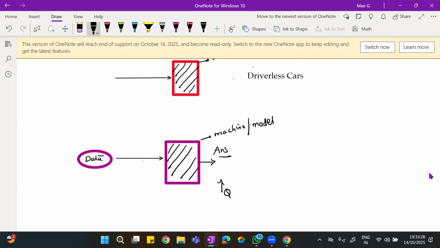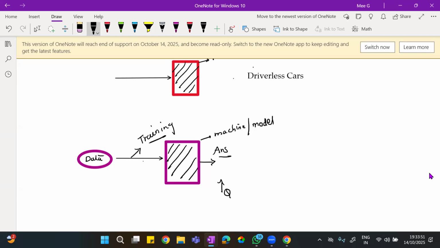Just give me a minute, I will clarify all of them. This process of giving the data to the model is called training. Remember the terminology: this is the model, this is the data, and this process is called training.